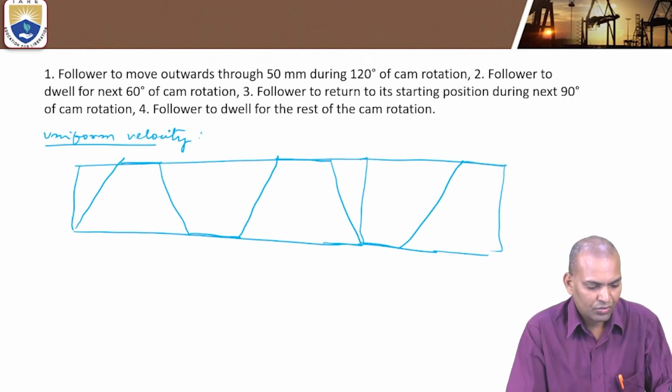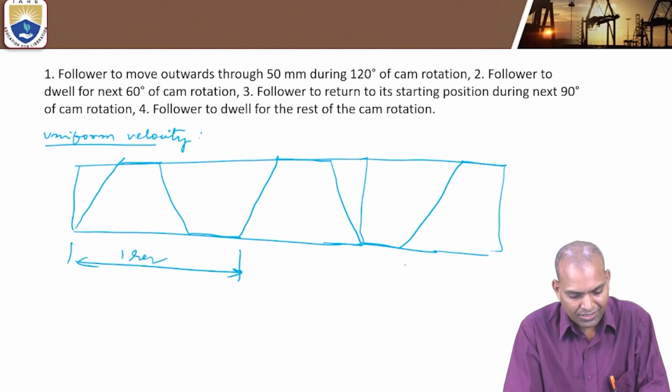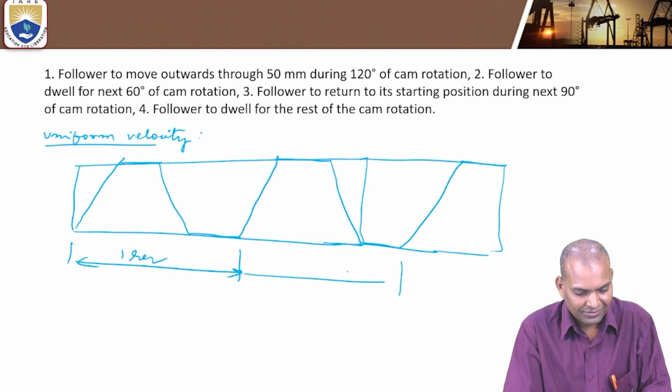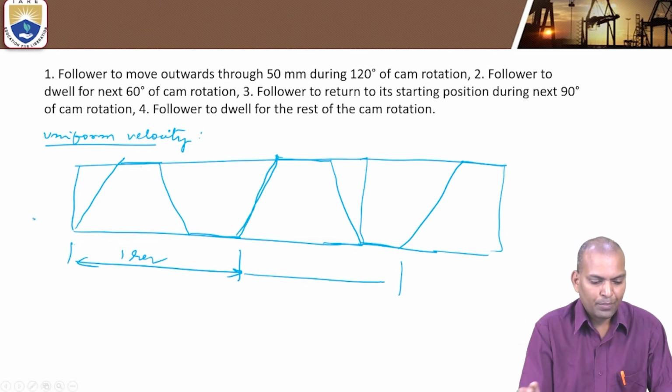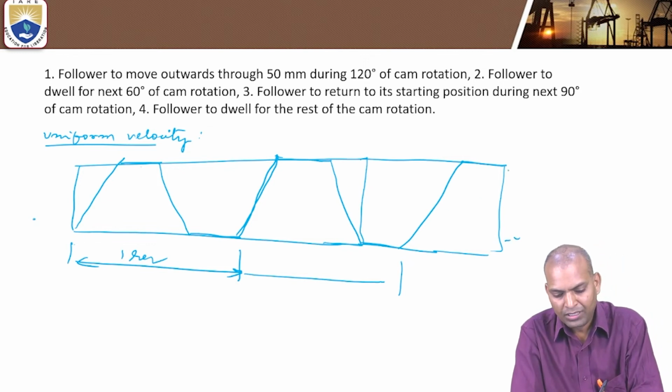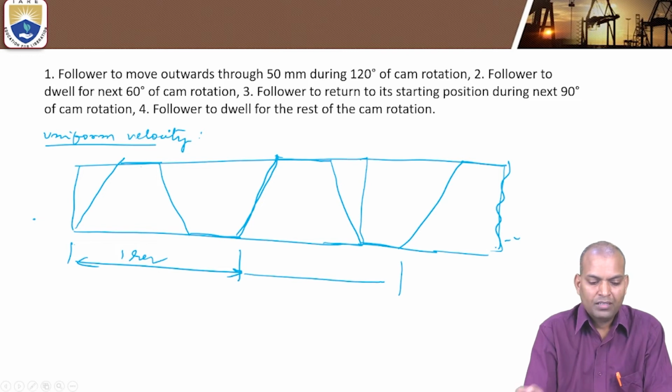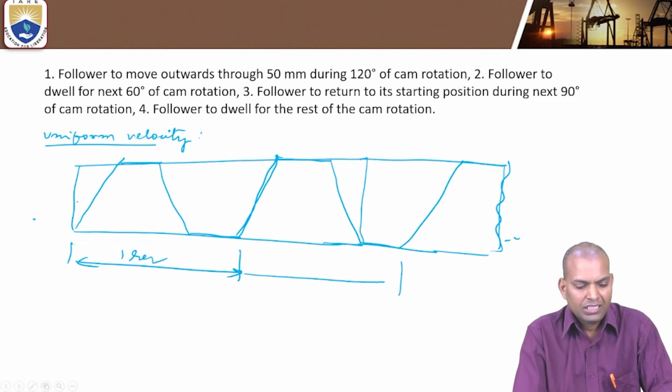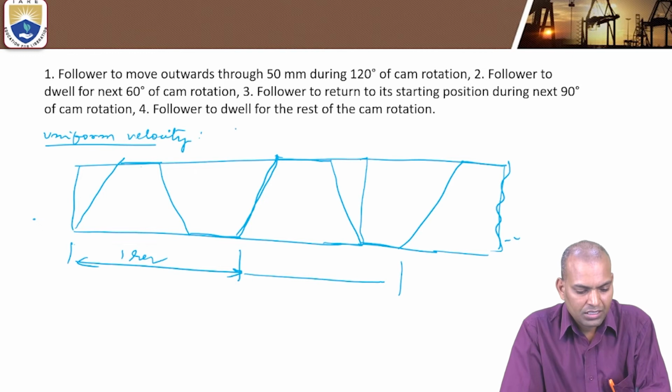So it will be continued. This is for one cycle, for one revolution. For the next revolution, this is the portion. Like that, for a number of revolutions, the shape of the displacement curve goes on, like the shape of a sawtooth.